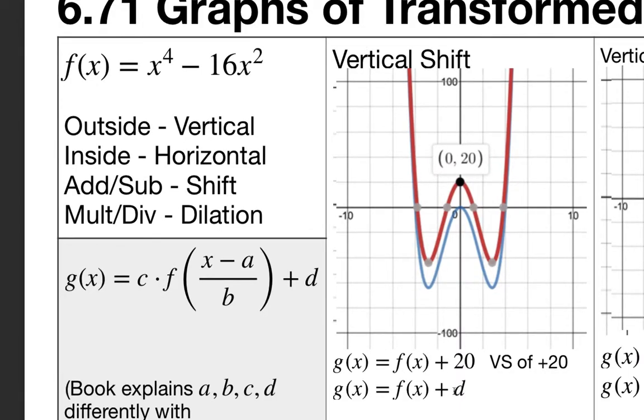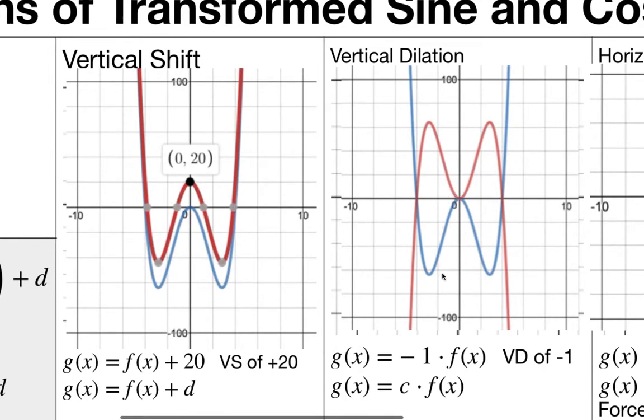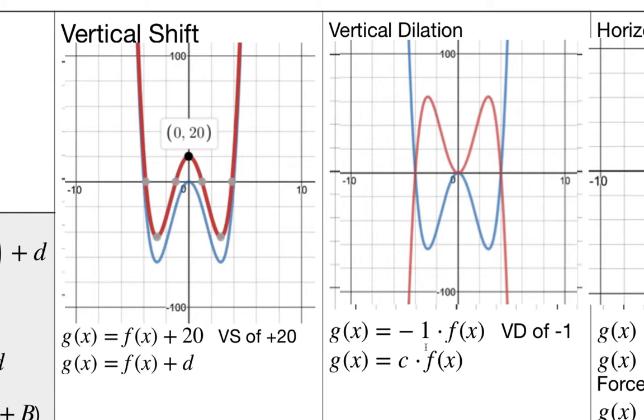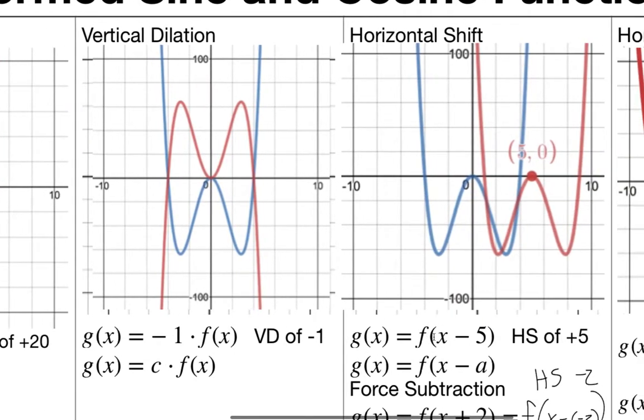You've got the d value on the outside of the function, adding 20. Here, a vertical dilation will stretch it or compress it or even flip it in this case. So a vertical dilation of -1 would look like that. That means that the c value is equal to -1, and it's on the outside being multiplied.